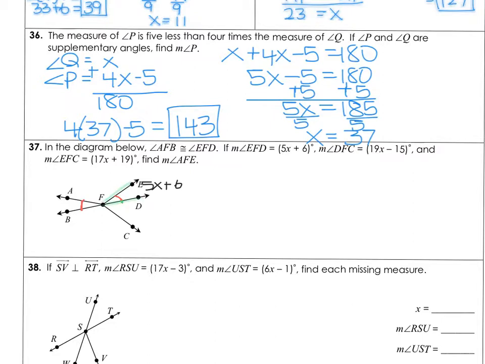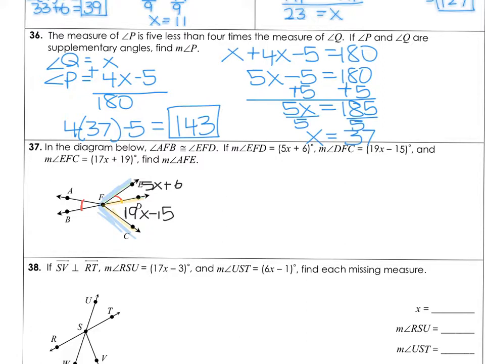And then it says DFC, that yellow, is 19x minus 15. And green and yellow, we'll just do blue, is EFC. That's the big angle. Okay? So the green and the yellow added together are going to give me the blue. And the blue is 17x plus 9.